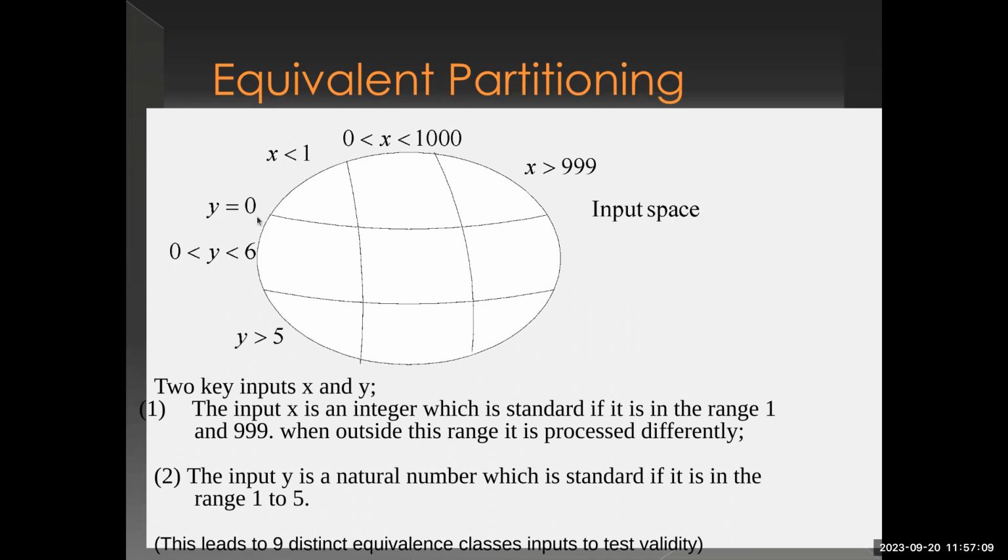and y is 0. Check whether y is less than 6 or greater than 0. Then we must check whether between y and 5 and 6.